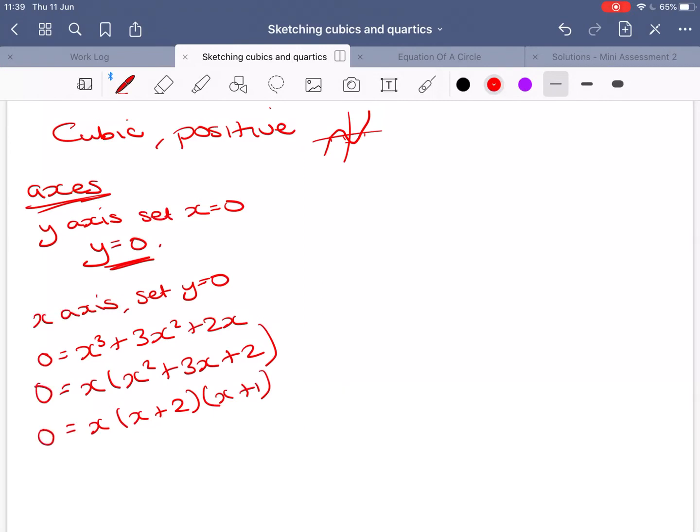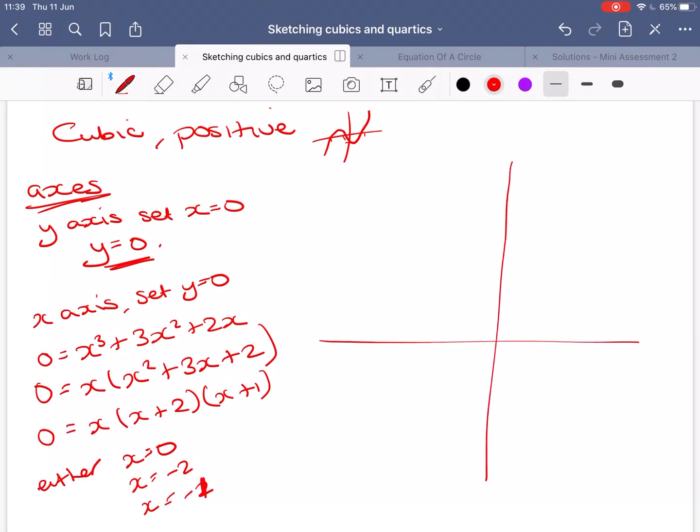All of these are equal to 0, so either x equals 0, x equals minus 2, or x equals minus 1. So when I'm doing my proper sketch, I know it crosses at 0, at minus 1, and at minus 2.